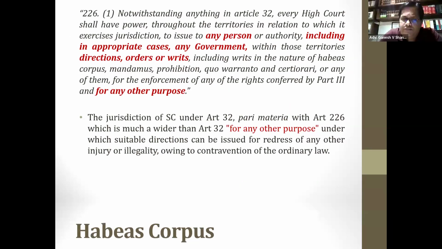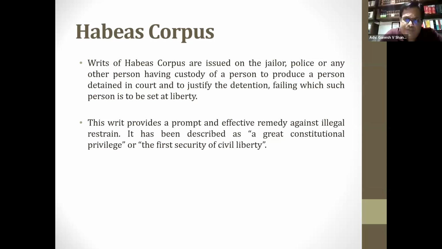So if I go to specific writs, habeas corpus is an exception to the rule, which is generally understood that writs are only against the government authorities. Habeas corpus is the only one which can be issued to any person, including a private person also.